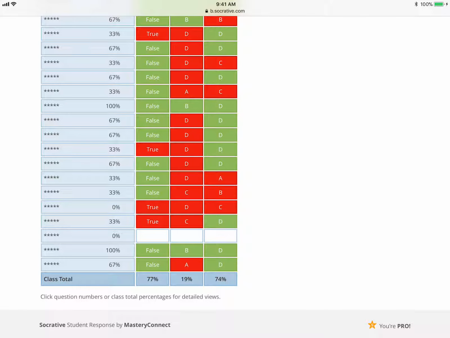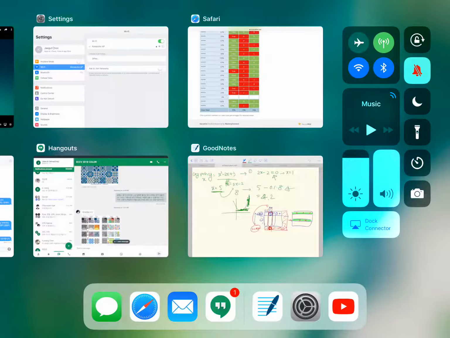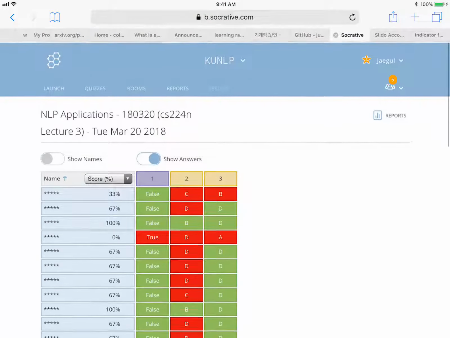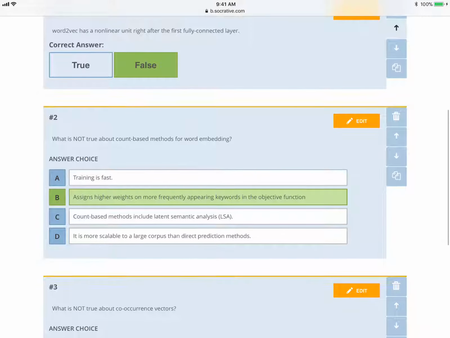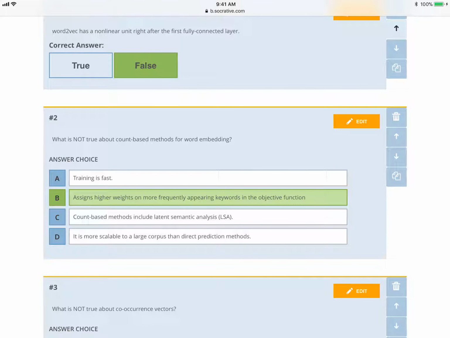It's quite diverse, but C or D. Count-based methods include latent semantic analysis.